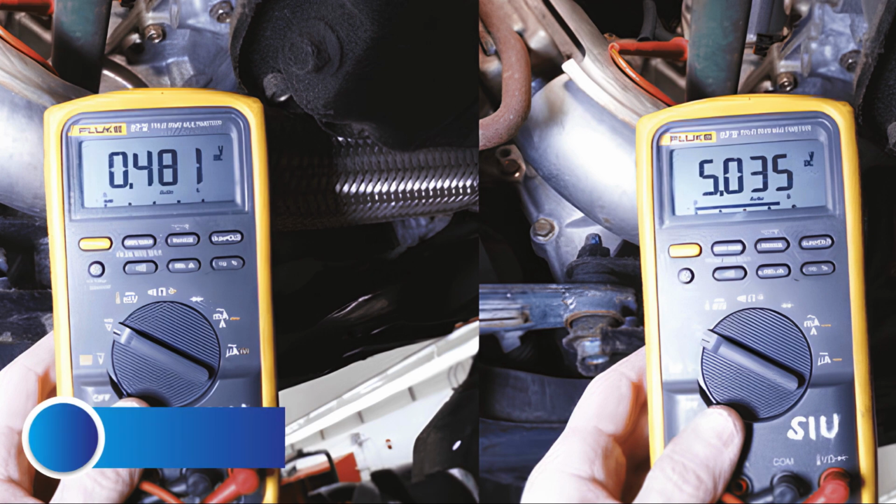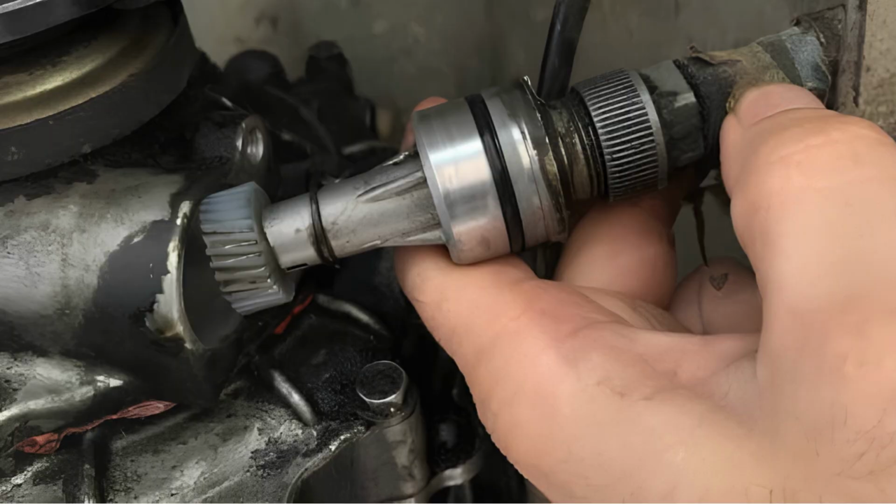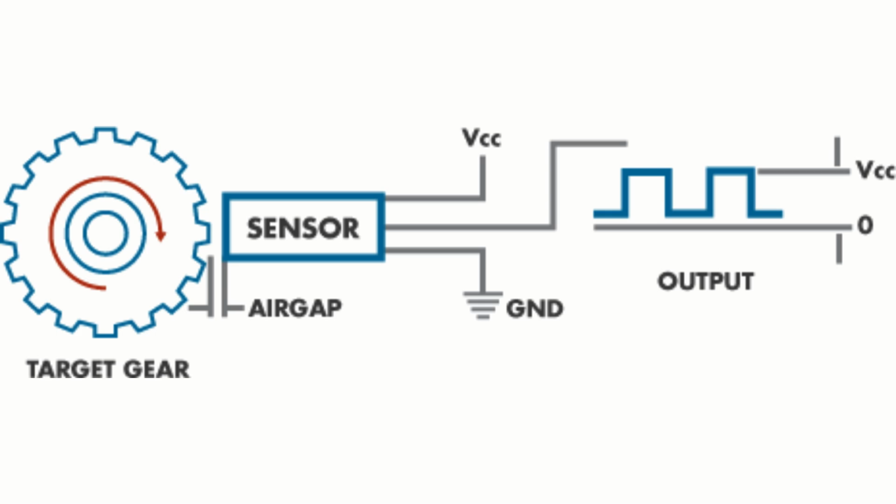Next, another possible cause of the P0501 code is a missing power supply or 5-volt reference. Most active vehicle speed sensors require either a 5-volt reference or a battery voltage supply from the ECU to operate. Without that power, the sensor simply can't generate a speed signal.